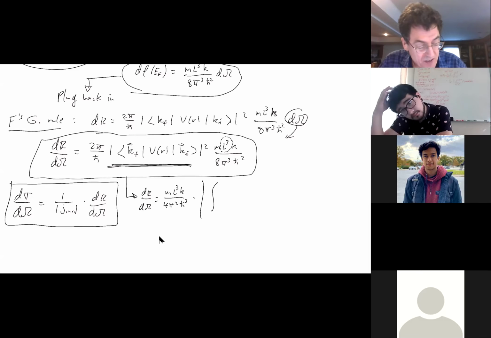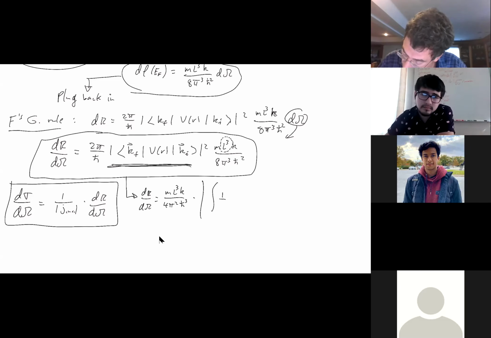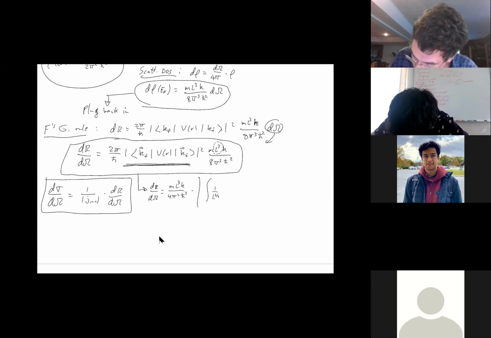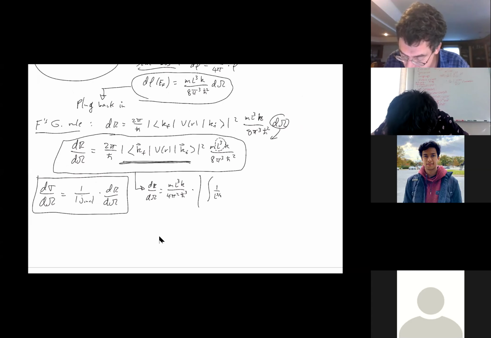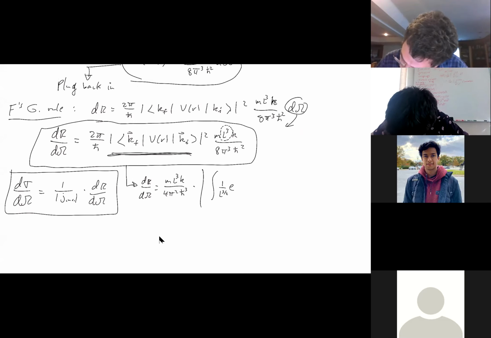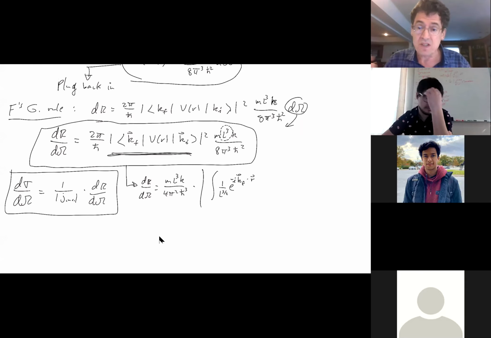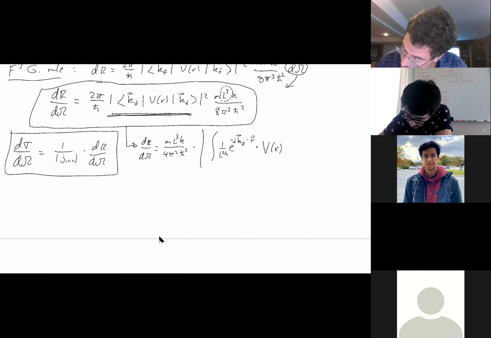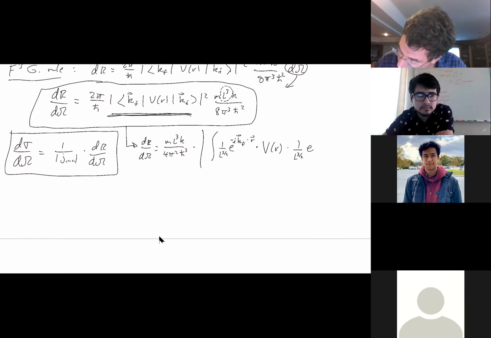The first thing here is going to be the final state, 1 over L to the 3/2, times e to the minus i k final dot r, because I put a minus sign there since it's the complex conjugate in the matrix element, times V of r, times 1 over L to the 3/2, and now the initial state, e to the i k initial dot r, d cubed r.